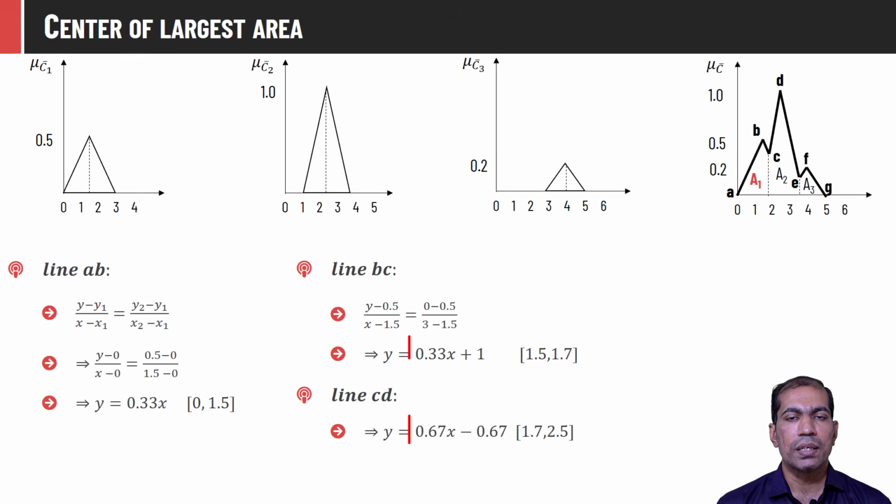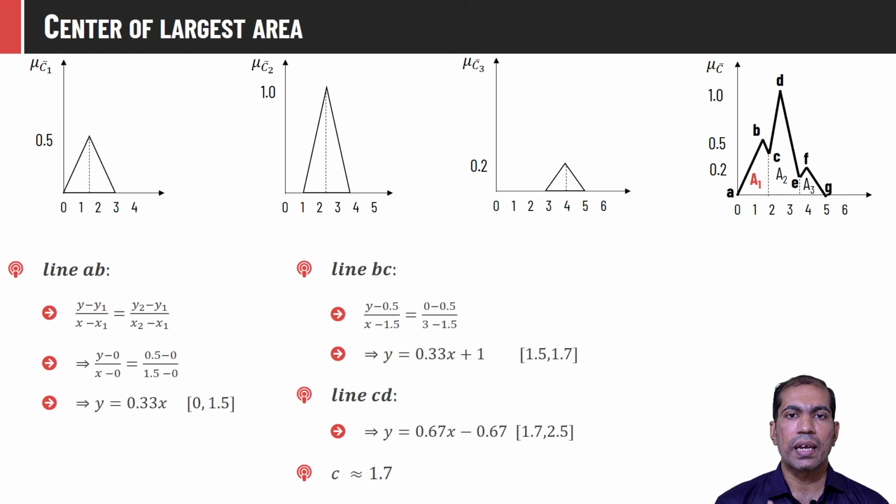So we can compare the right side of these equations because on both sides they have the same y. When we solve this equation, we get the intersection point C is equal to 1.7. So we can say that line BC ranges from 1.5 to 1.7. This is how we can compute the exact x whenever two lines are intersecting.